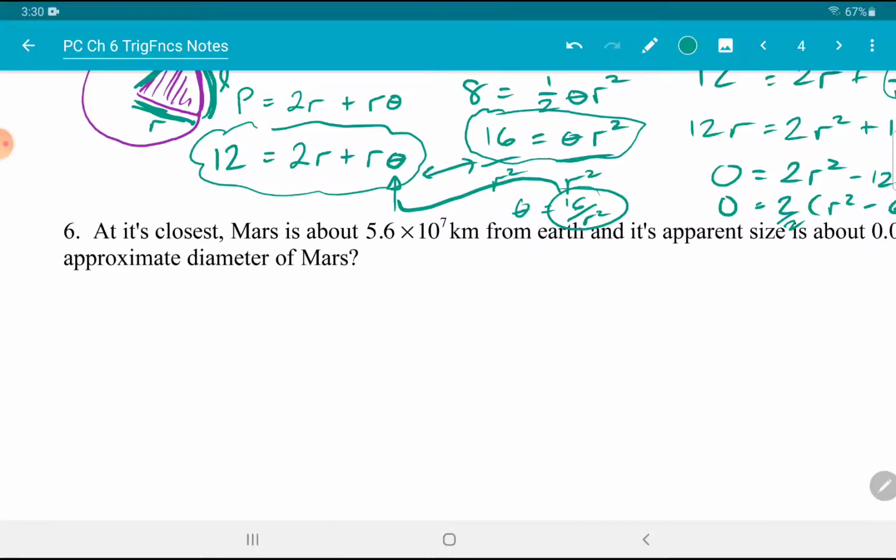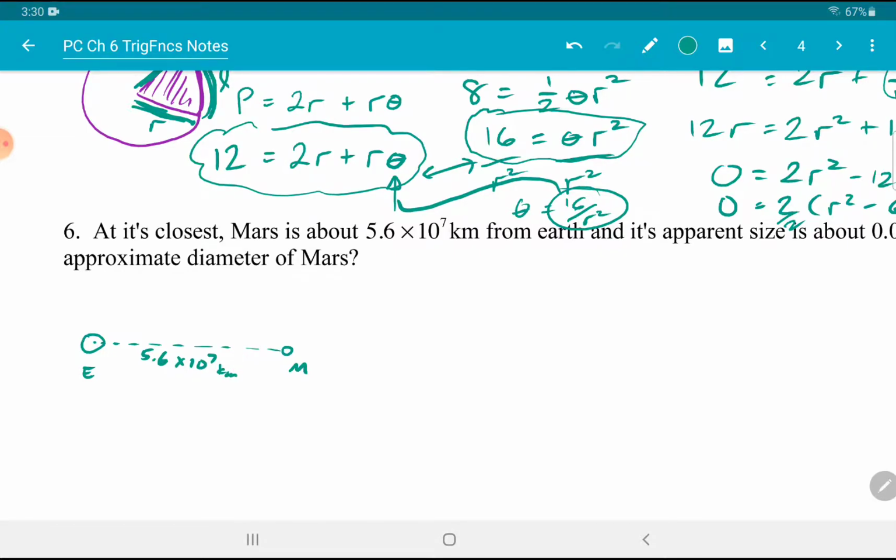Okay, so as you think about what this means, imagine, if we're talking about the solar system here, that from a far off distance, here we are on Earth, and Mars is, let's say, over here, okay? And what we're dealing with here is that Mars is about 5.6 times 10 to the 7 kilometers away, okay?